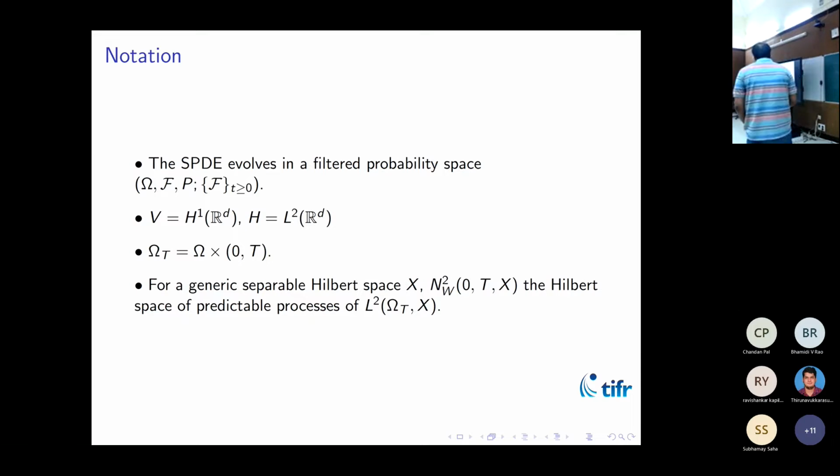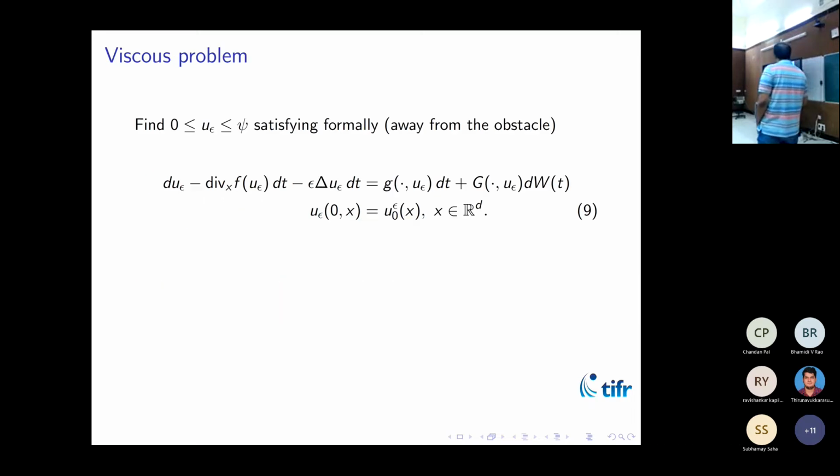And then this NW2 space is the Hilbert space of predictable processes from L2. So they have to satisfy this additional measurability criteria. That means they're predictable and so on. Predictable means they should be pretty close to left continuous processes and so on. Okay.